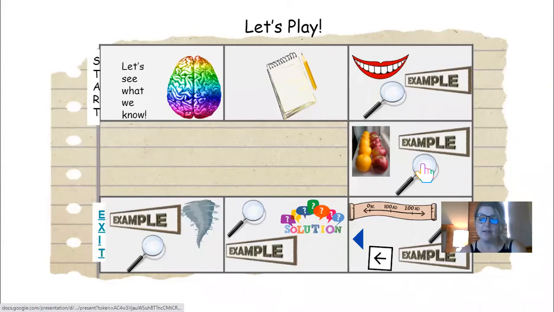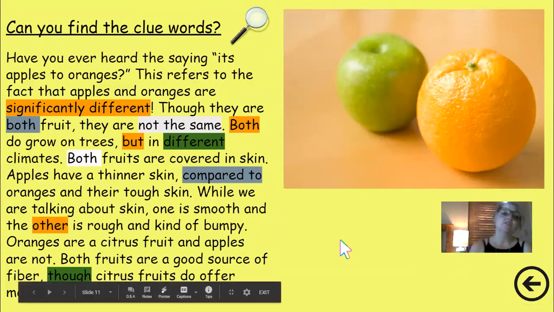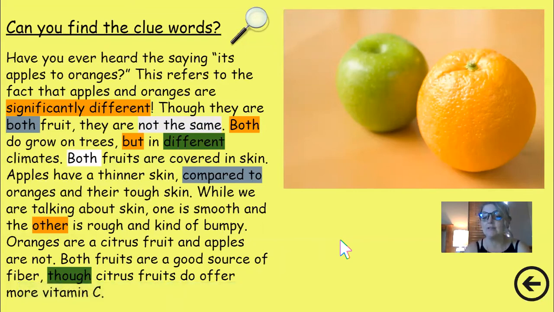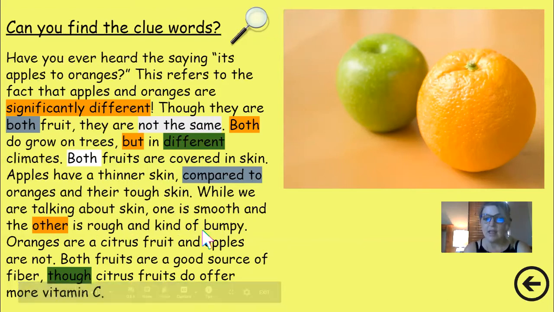So let's go ahead and jump to this one. So we're going to find the clue words that tell us this is a compare and contrast piece. So as we start looking along, I have highlighted here the clue words. And so as we go along, we see words like significantly different, both, not the same. There's both again. But is the same as saying like, however.